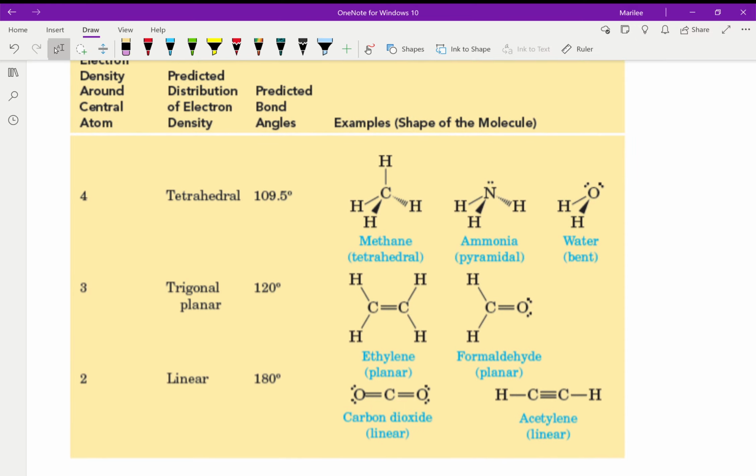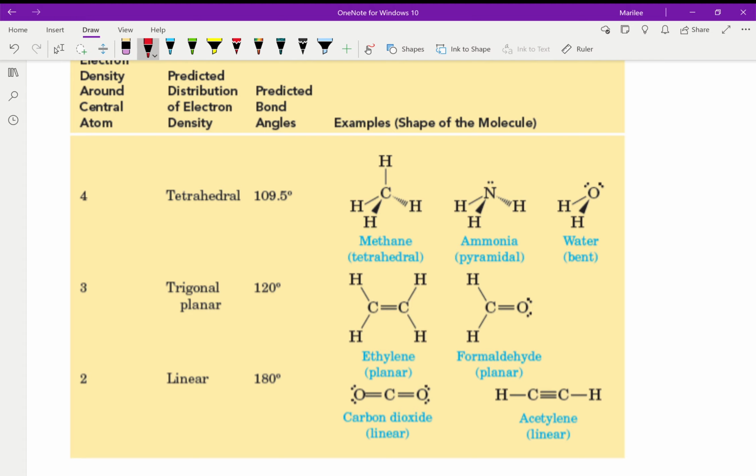For methane, we have a carbon with 4 hydrogens, right? Because we have the 4 hydrogens, it's called a tetrahedral, and it has an angle of 109.5 degrees. And then for ethylene, we have the 2 carbons that are double bonded, and then we have the 4 hydrogens.